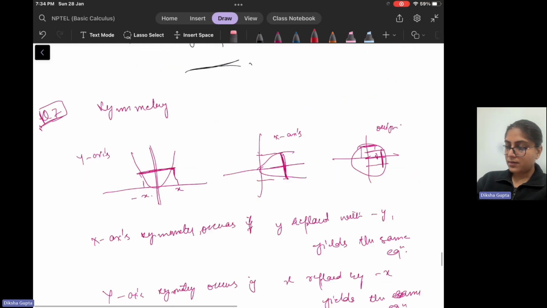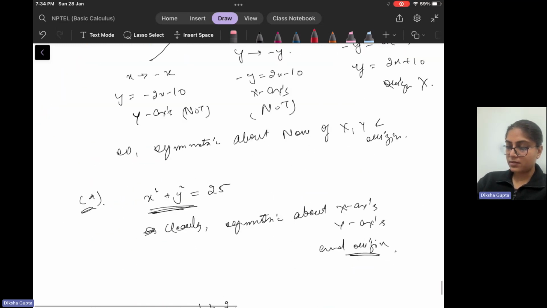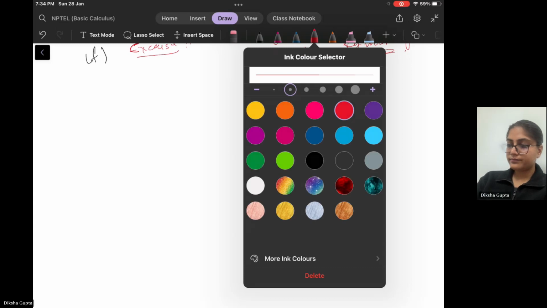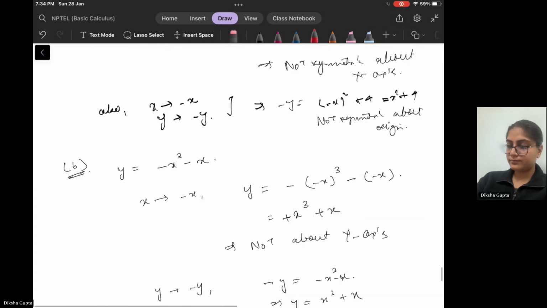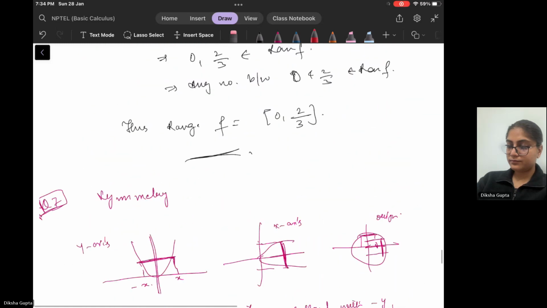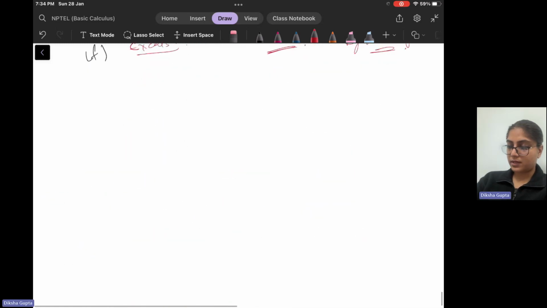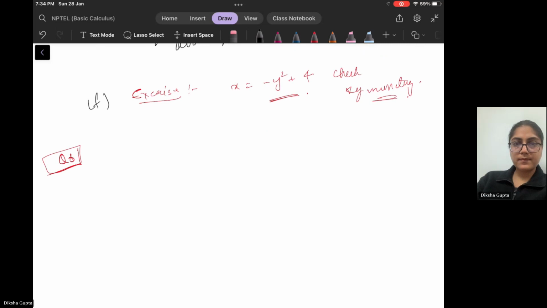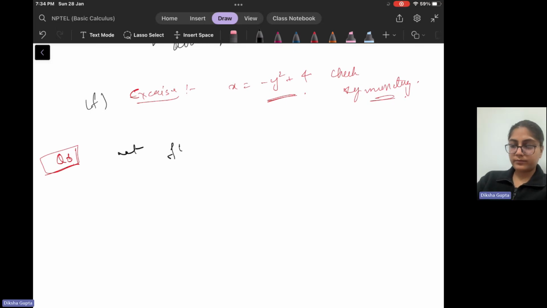One question next I will do on composition of functions, just a simple question. So this is question number 8. Okay, before that, let's do some graph questions on graphing.